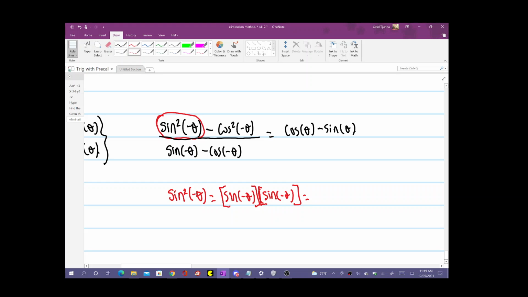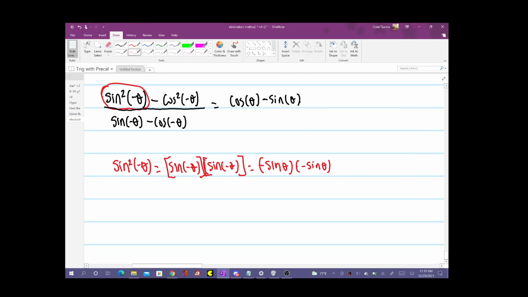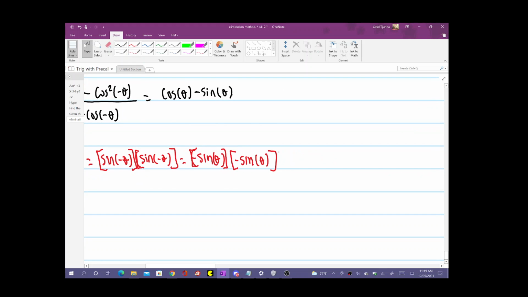Okay, this is gonna be negative sine of theta times negative sine of theta. This is gonna be equal to sine squared of theta, okay?